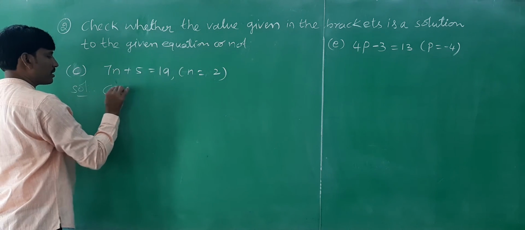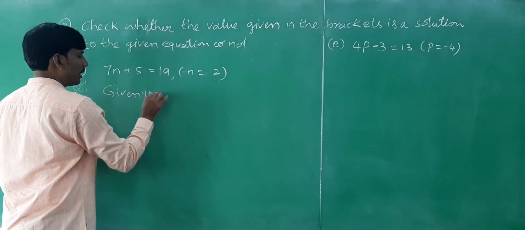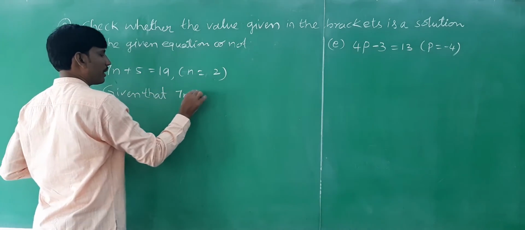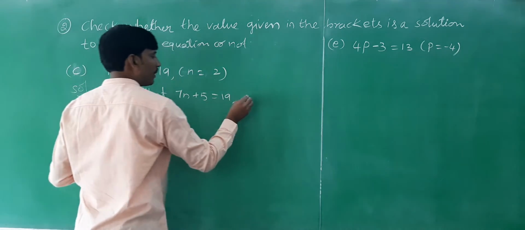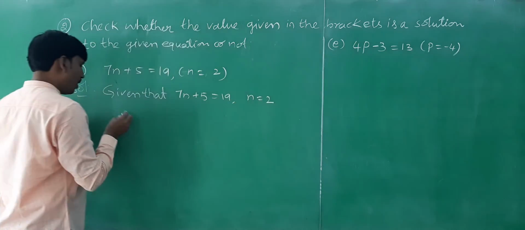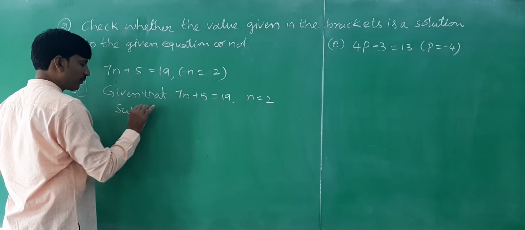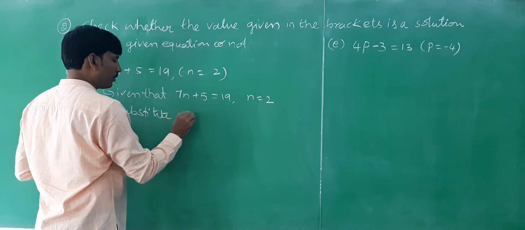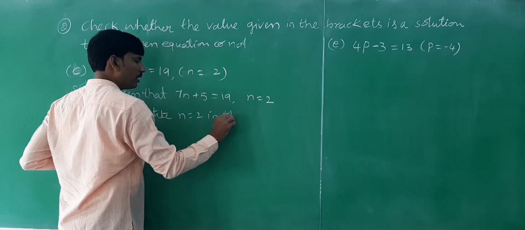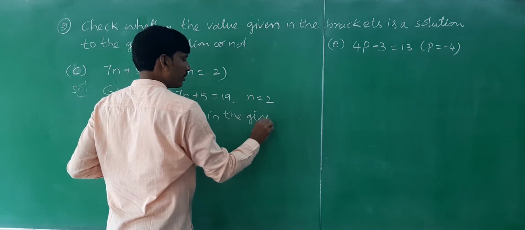So here, very simple, we can solve. The given equation is 7n plus 5 is equal to 19, and the given value is n is equal to 2. So now substitute n equal to 2 in the given equation.